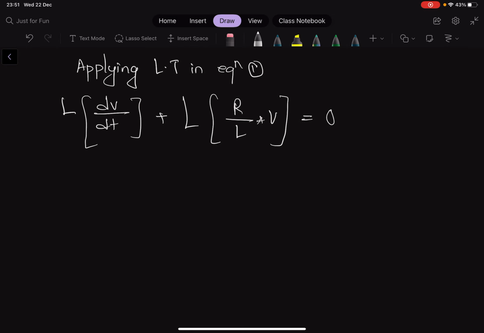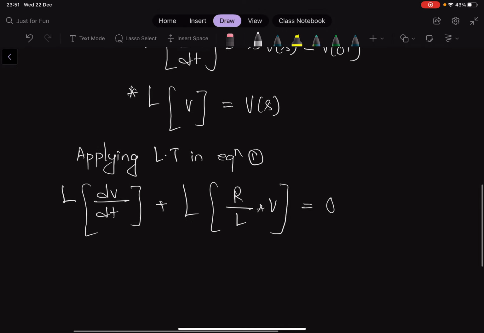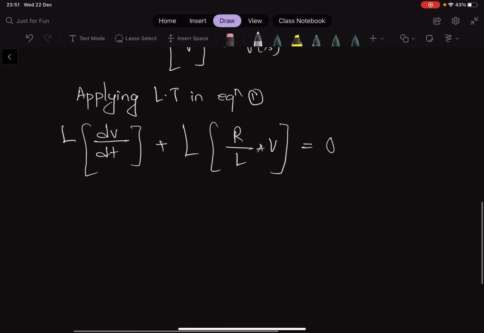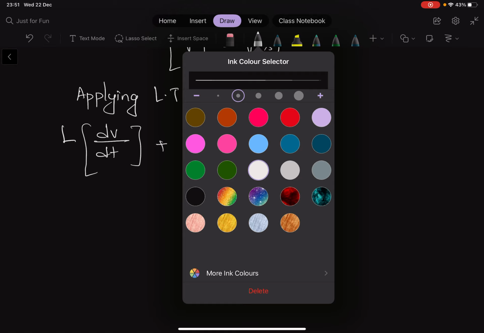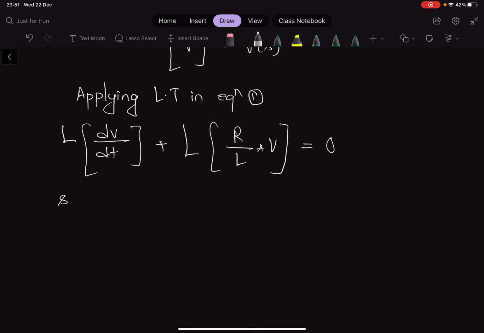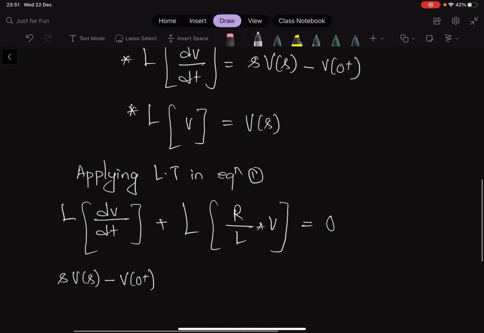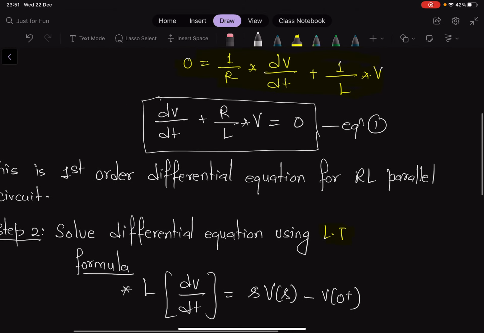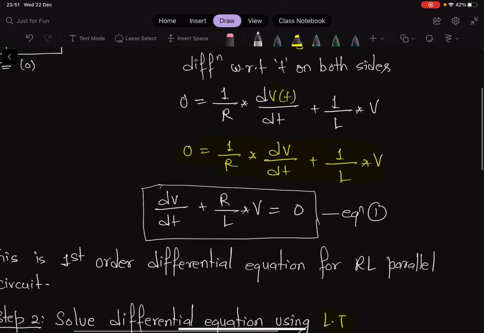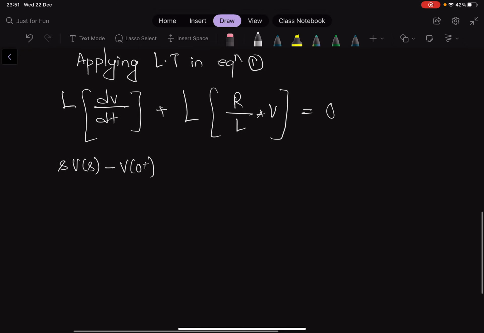Coming back to here, the derivative Laplace is sV(s). So let's write that: sV(s), and then minus we have v(0+). So that means we need an initial condition, and I haven't mentioned the initial condition yet. We can find the initial condition based on the circuit, which I'm going to show you in a minute.